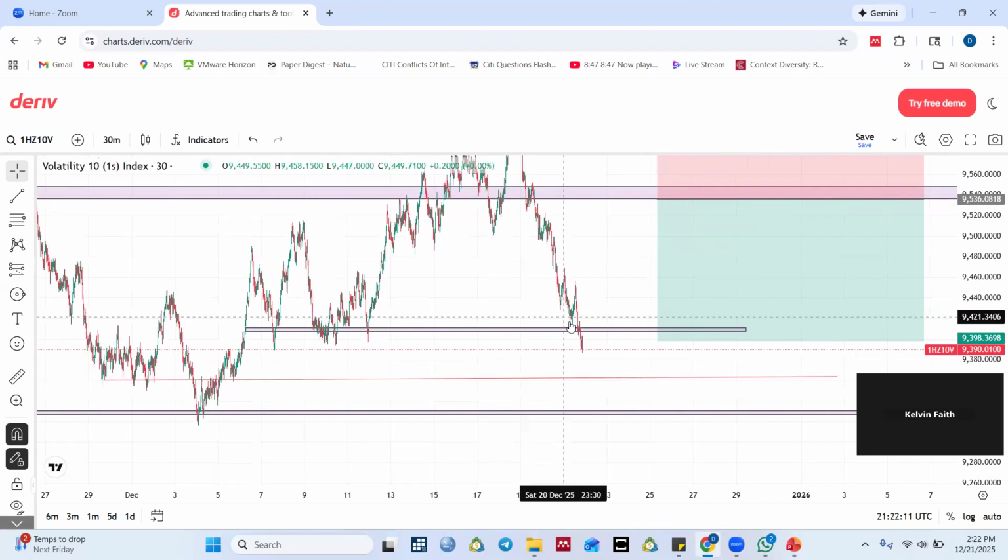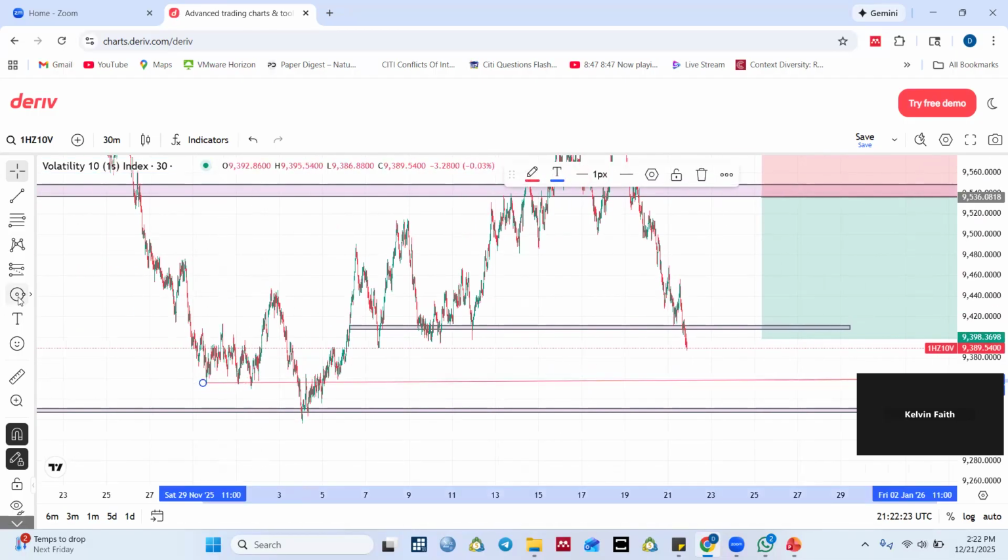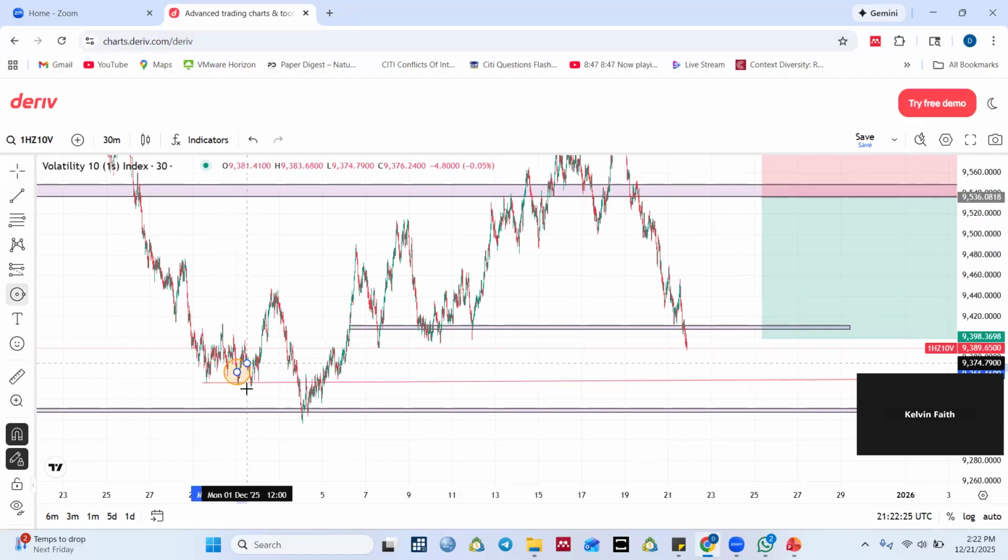So still, price looks to be below this bias, meaning there is opportunity for more sellers up to this point. Why did I put a line here? I put a line here because exactly at this point, buyers pushed the price up.